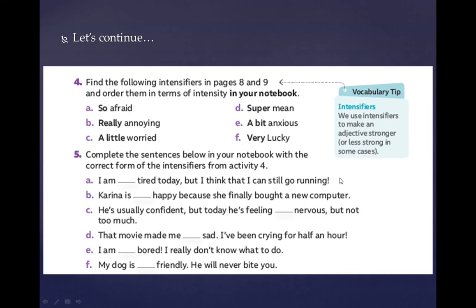So you must write an alternative that you can use in order to say I'm tired, but not that much. A little. I am a little tired today, but I think that I can still go running. I still have some energy to go running. So the first one, letter A, is a little. Now you're going to complete the rest of the sentences with the rest of the intensifiers.